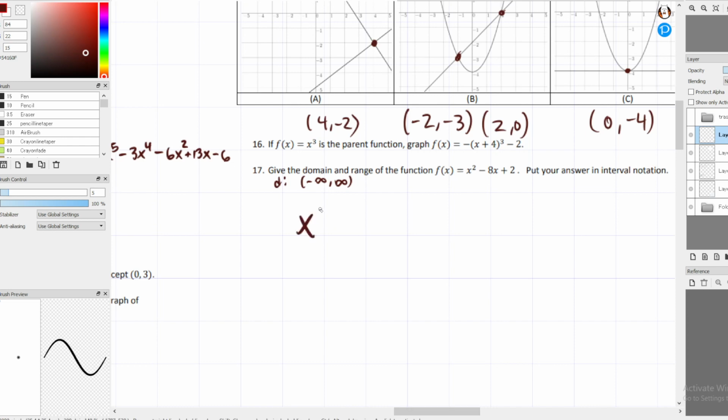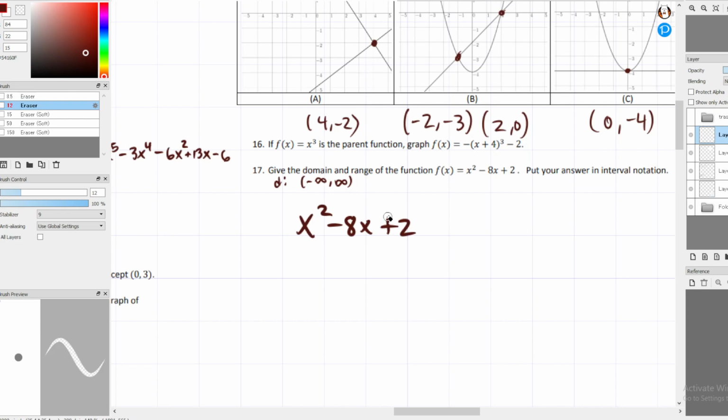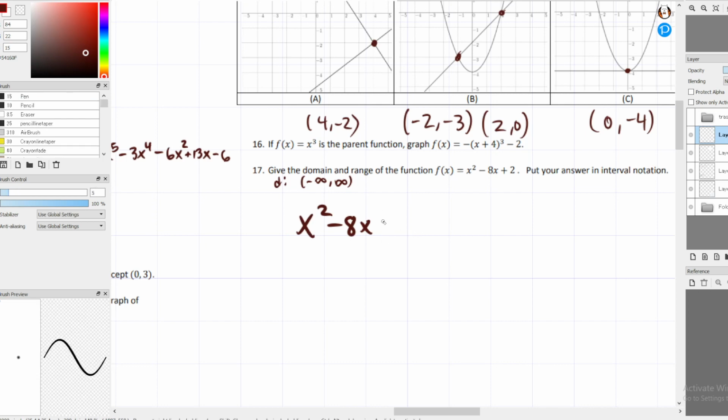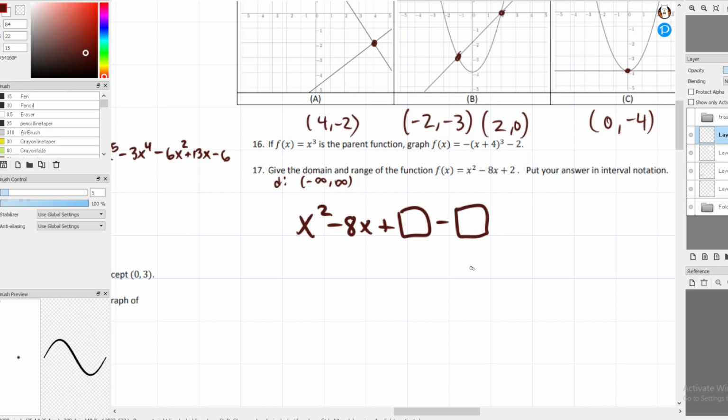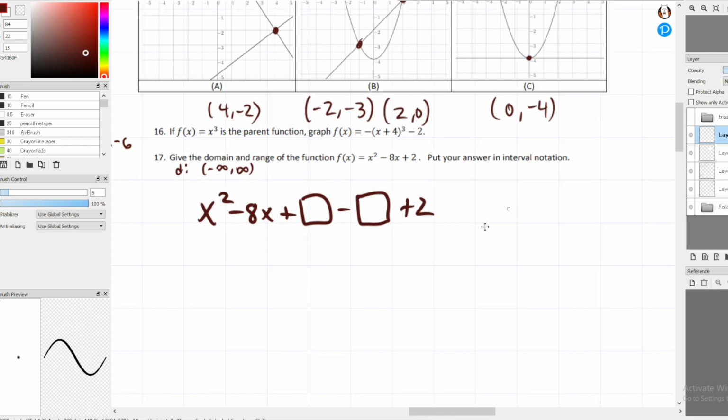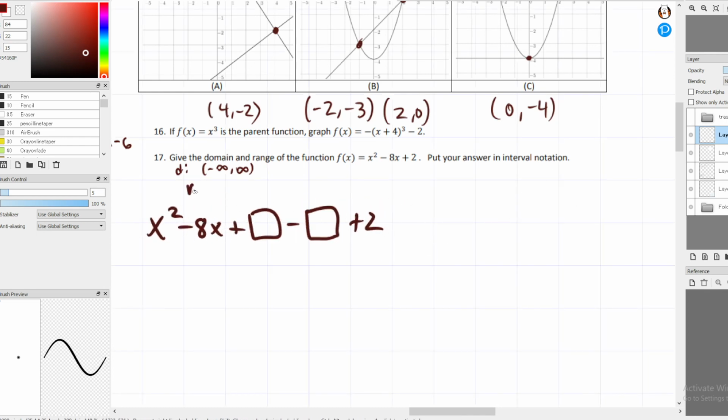So I'm going to do x squared minus 8x plus 2. My first step is to rewrite. I do plus a box and minus a box. My method differs a little bit from Emily's, who is our instructor for this semester that I'm mentoring for. The way that she does it, let me do this. So this is my method.